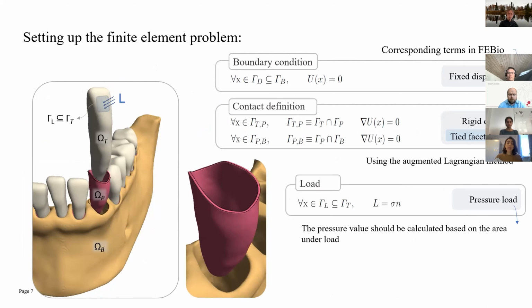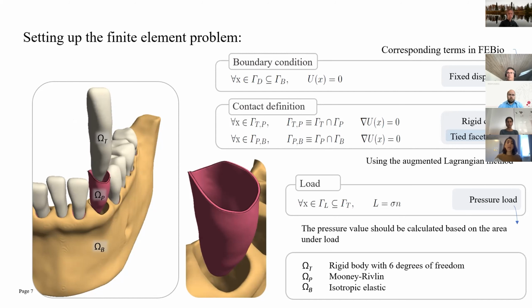Also, we define the loading condition. It could be based on a pressure load that is applied to the surface of the tooth, or it could be based on the aligner that we are using. It totally depends on the treatment that we want to model in the real world.